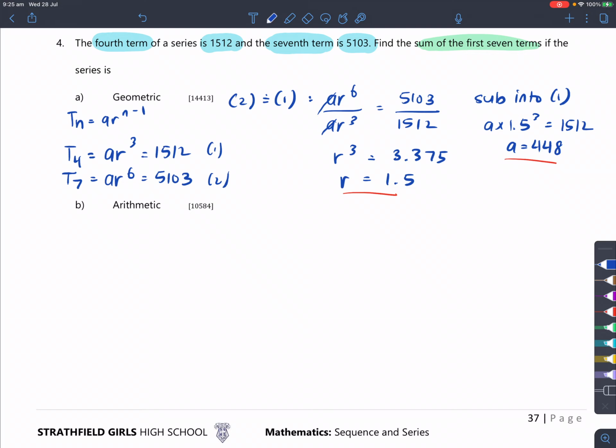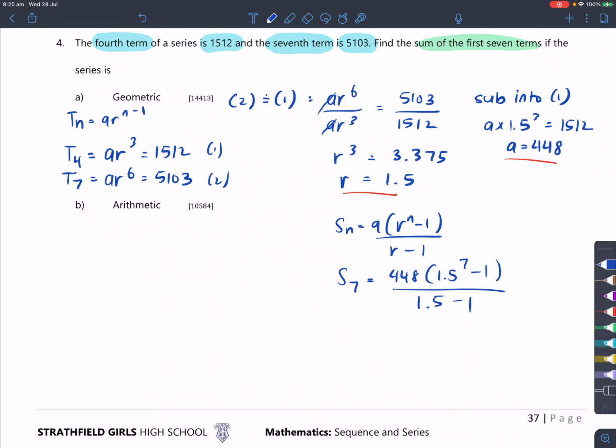So remember, Sn is A times R to the power of n minus 1, over R minus 1. So S7 would equal 448 times the ratio of 1.5 to the power of n, which we know is 7, minus 1, over the ratio of 1.5 minus 1.